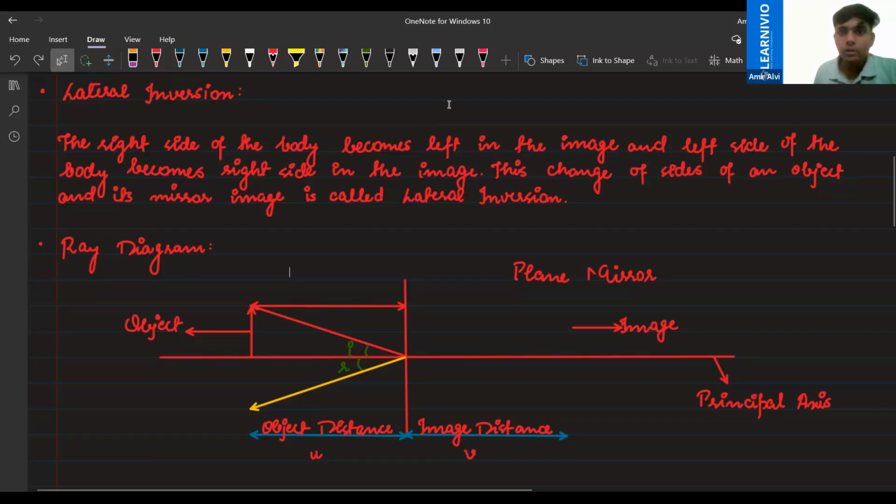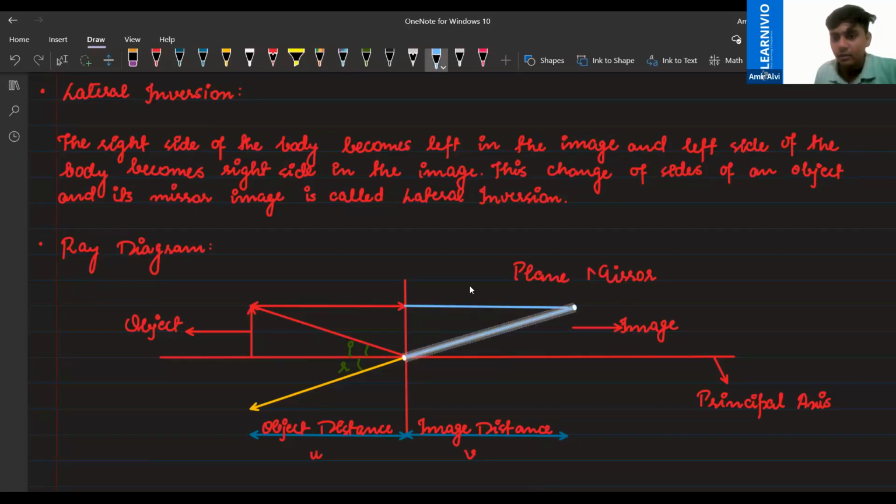So I'm extending this line. You will see that actually they are meeting.